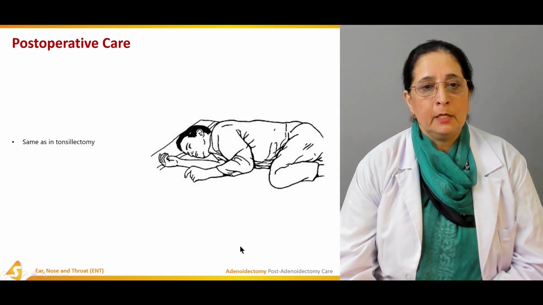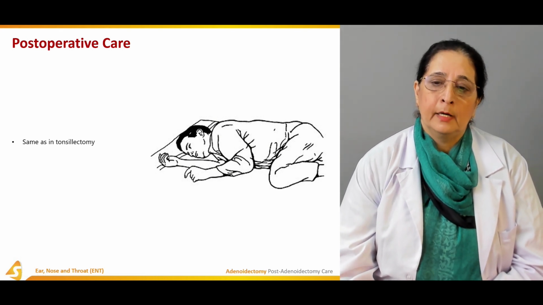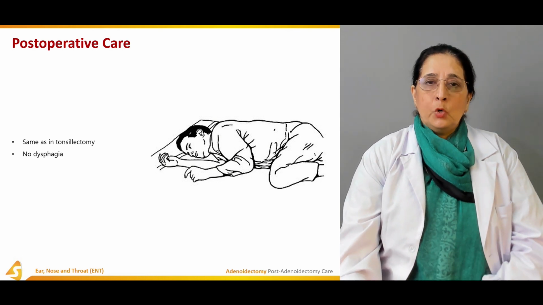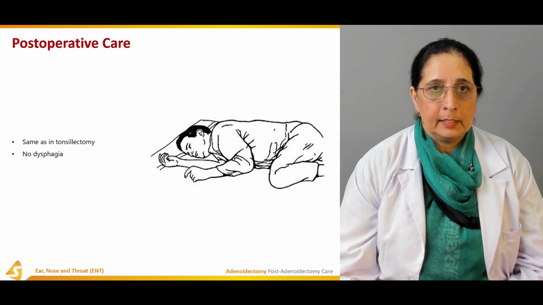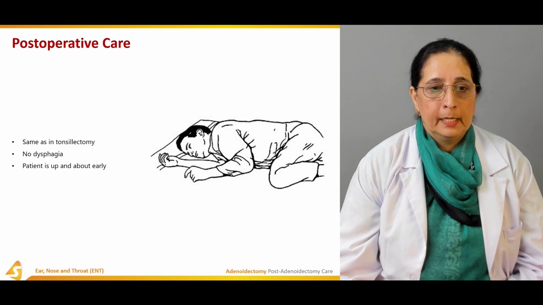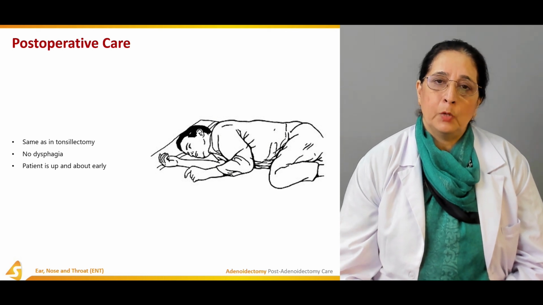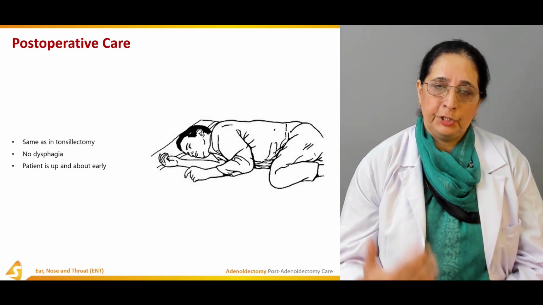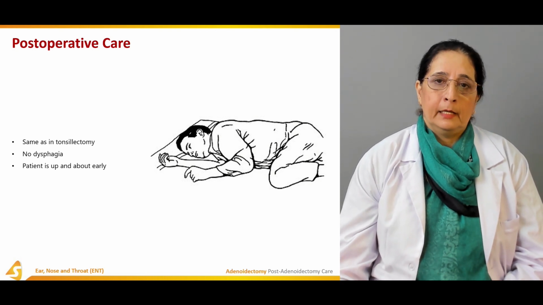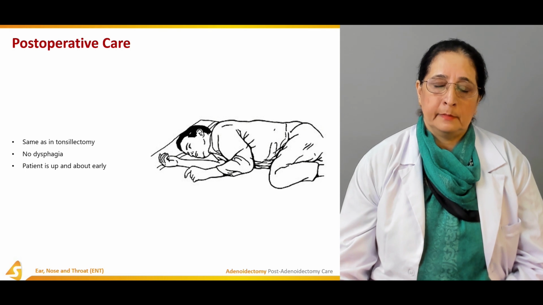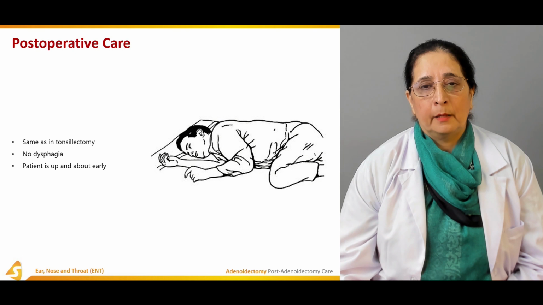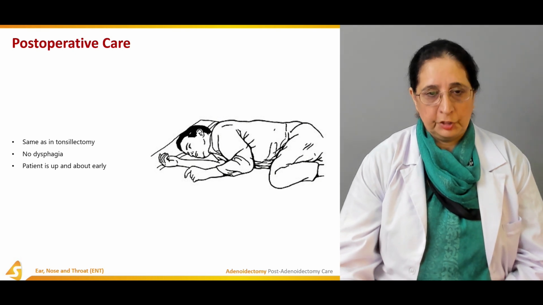There is no dysphagia, no difficulty in swallowing after the procedure. The patient is up and about early and usually discharged on the same day, and mobile fast because it's not a very major operative procedure.